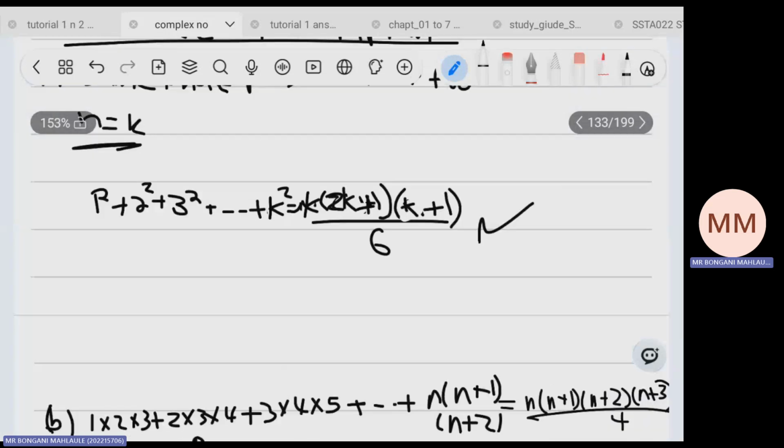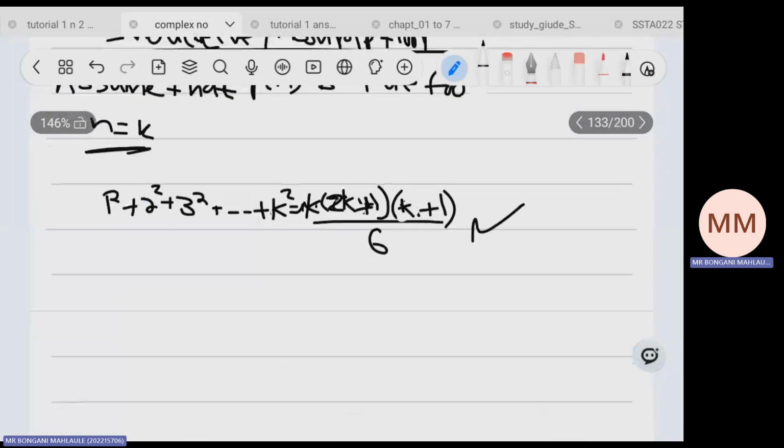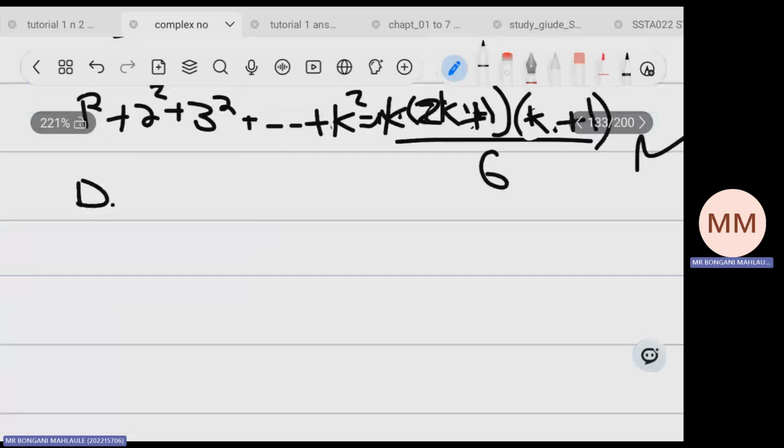Then we can come now and say use the deduction step.